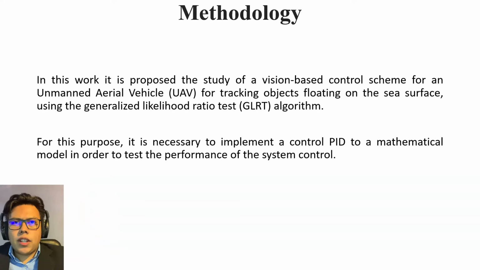In this work, it is proposed to study a vision-based control scheme for an unmanned aerial vehicle for tracking floating objects on the sea surface using the GLRT algorithm. For this purpose, it is necessary to implement a PID control on a mathematical model in order to test the performance of the control system.